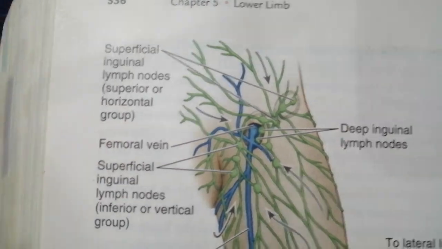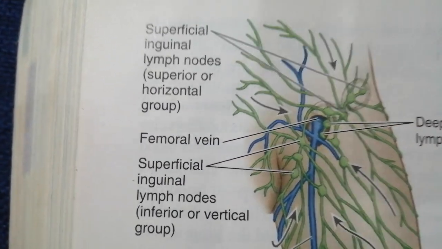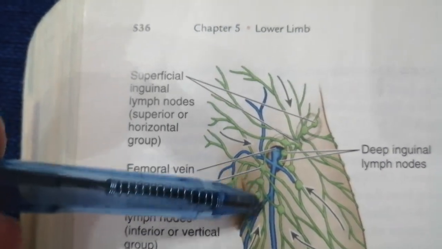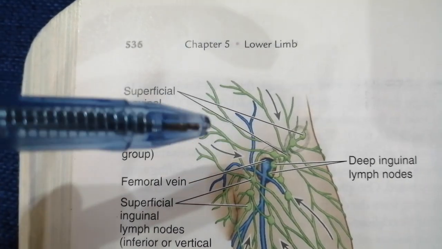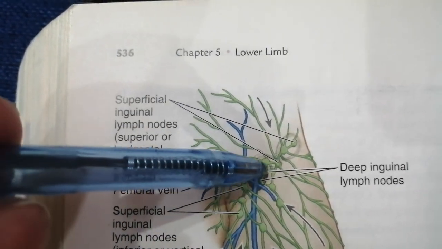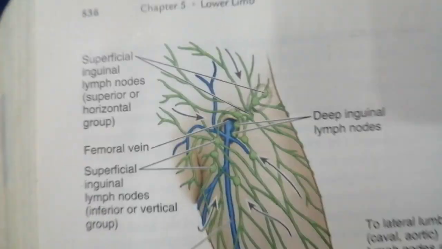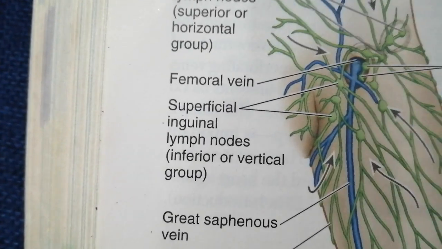So we have three types of groups of lymph nodes in the superficial inguinal lymph nodes. These are the vertical group and one horizontal, and this horizontal is divided into two: the medial group and the lateral group. Now we have to learn which area they are involved in and which area they drain.